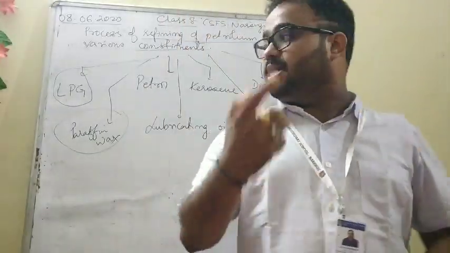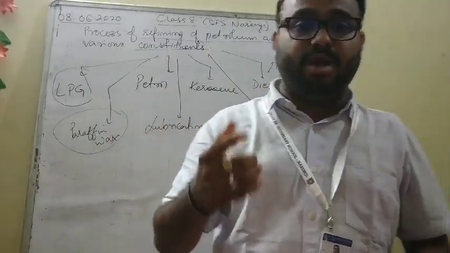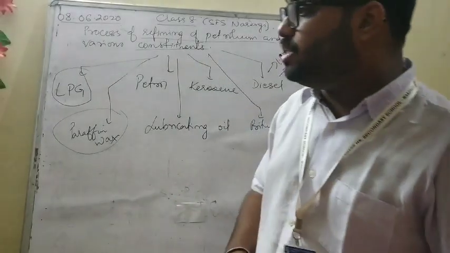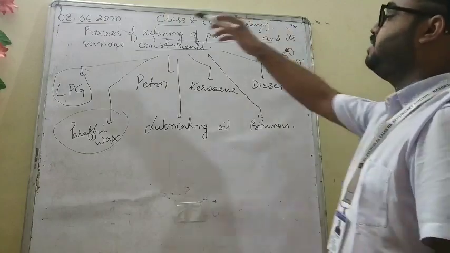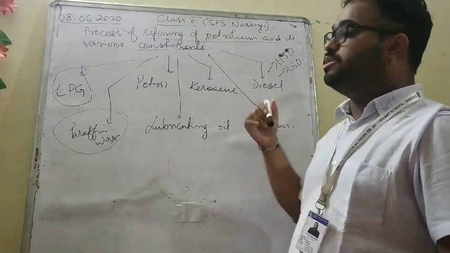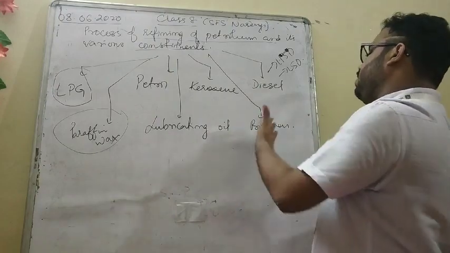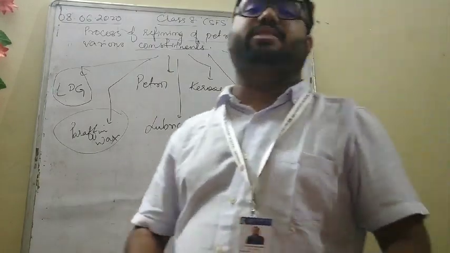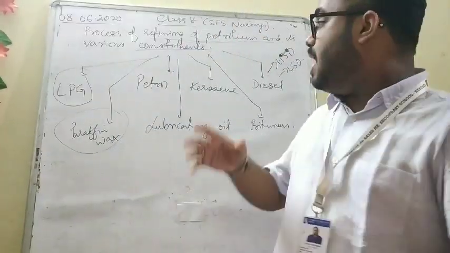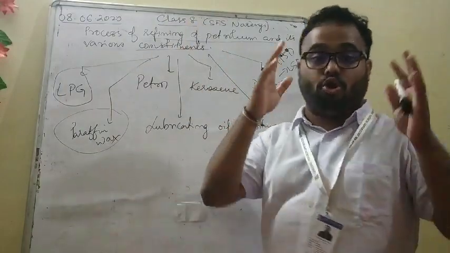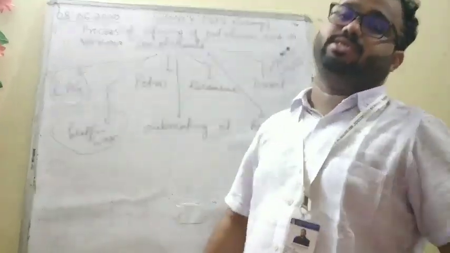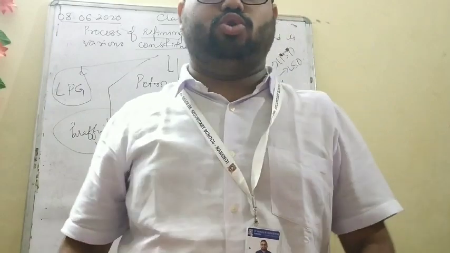The wax of candles is made from paraffin wax. So at last we see that there are various fractions of petroleum: LPG, petrol, kerosene, diesel, paraffin wax, lubricating oil, bitumen. You have to write these different fractions of petroleum and what petroleum refining is in your copy along with the uses and show to me.